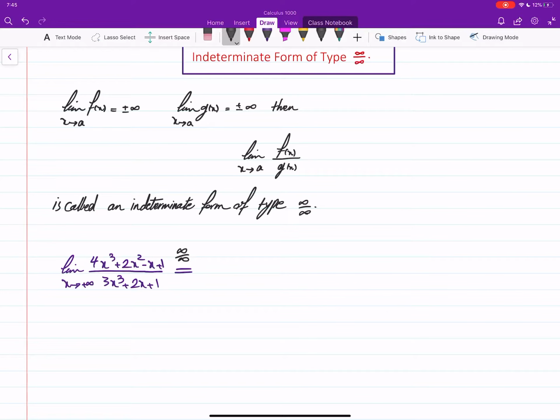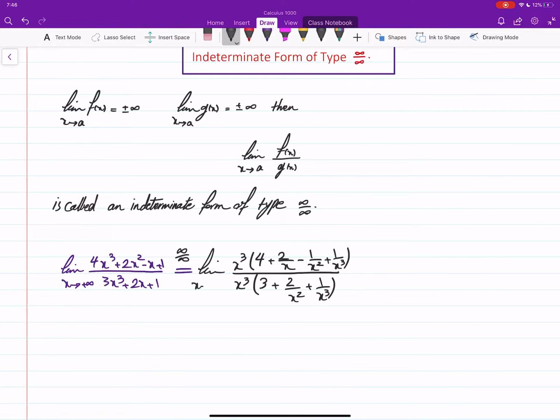We had a way to resolve this by factoring the highest power from the numerator and the denominator. So we will get 4 plus 2 over x minus 1 over x squared plus 1 over x cubed. And in the denominator you get 3 plus 2 over x squared plus 1 over x cubed.